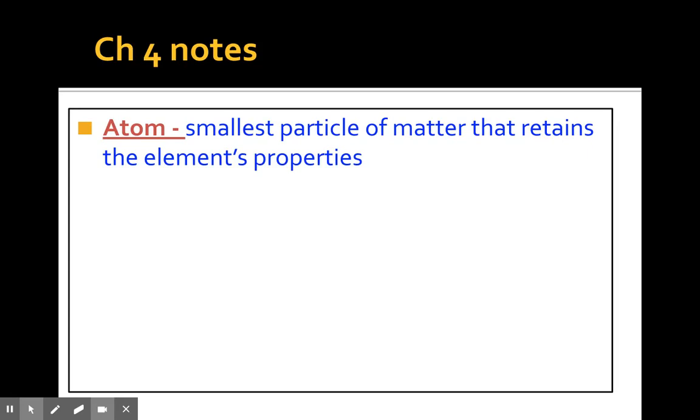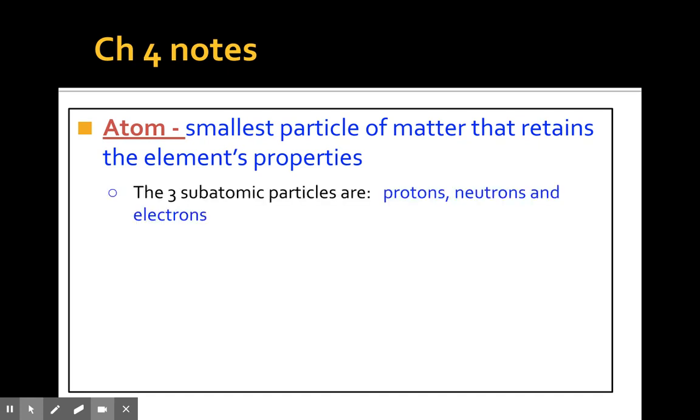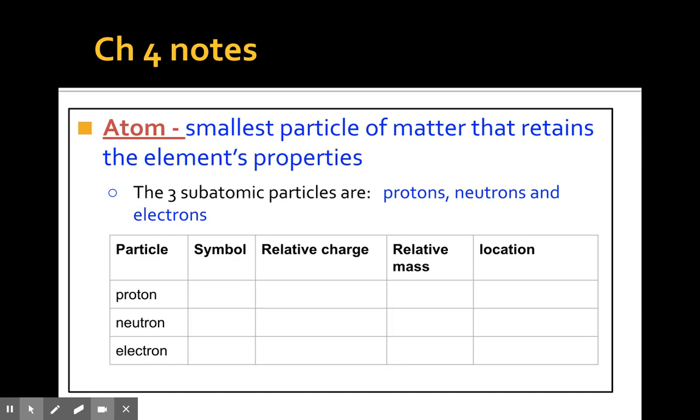So an atom is the smallest particle of matter that retains the element's properties. And the three subatomic particles within an atom are protons, neutrons, and electrons. So next we'll complete this table regarding protons, neutrons, and electrons. Starting with protons, the symbol for a proton is a P with a plus sign.